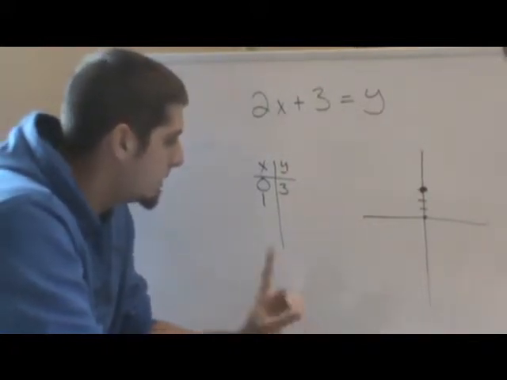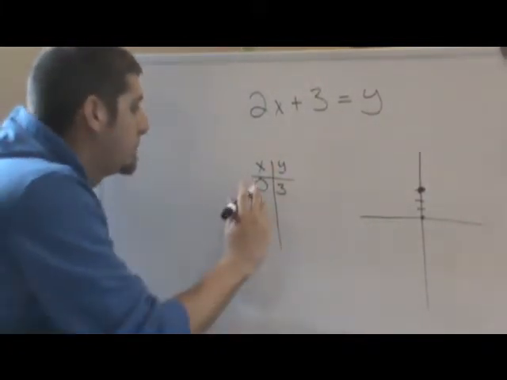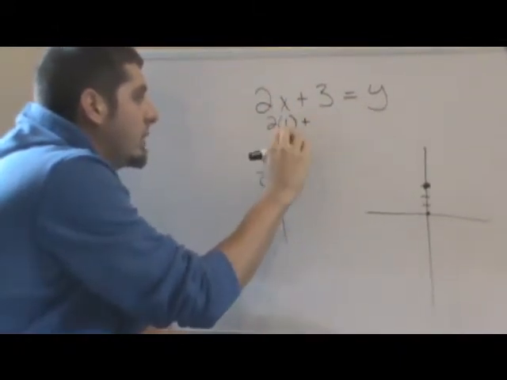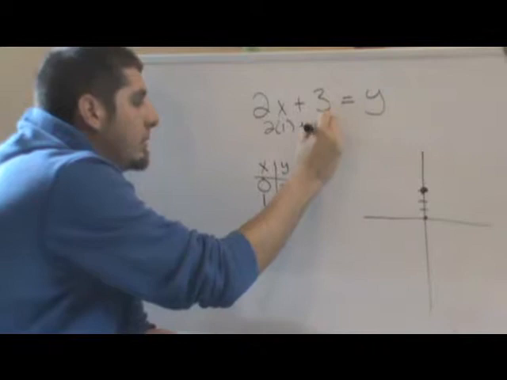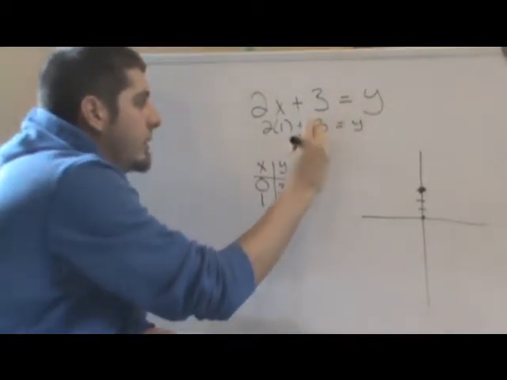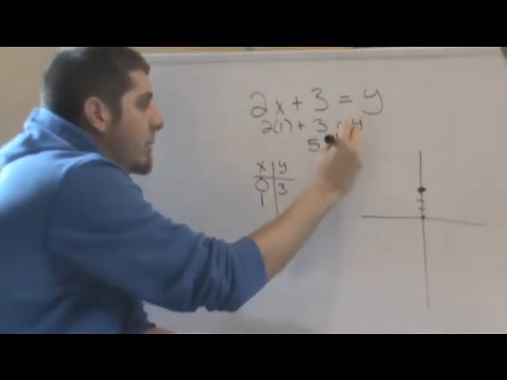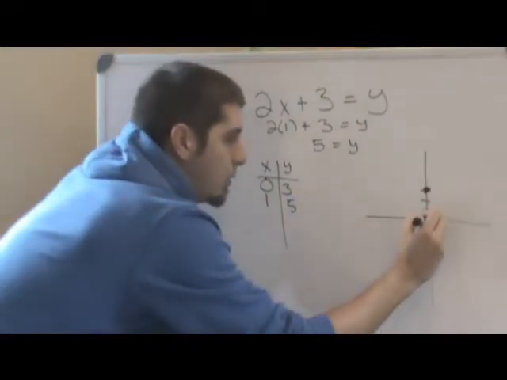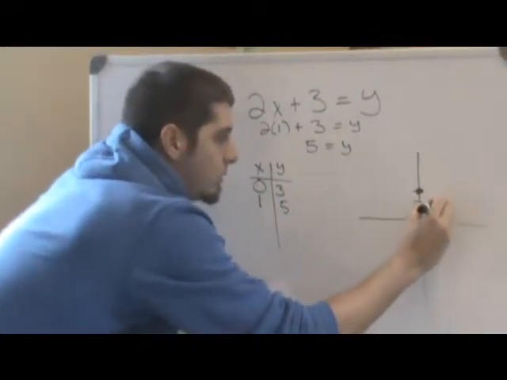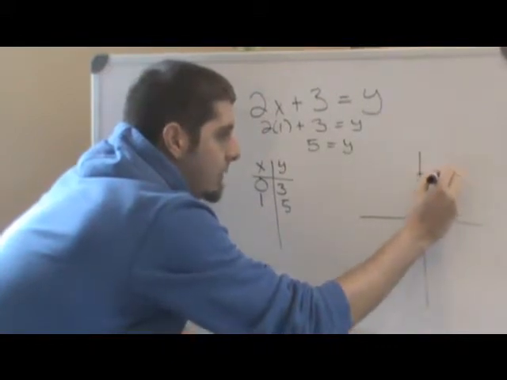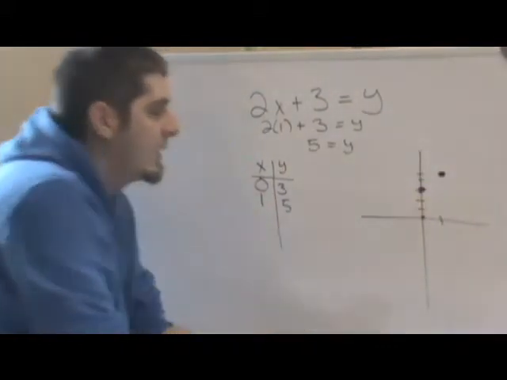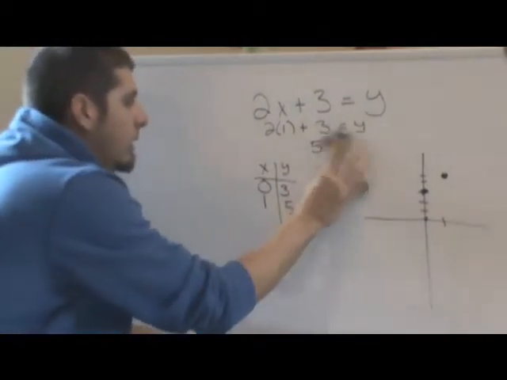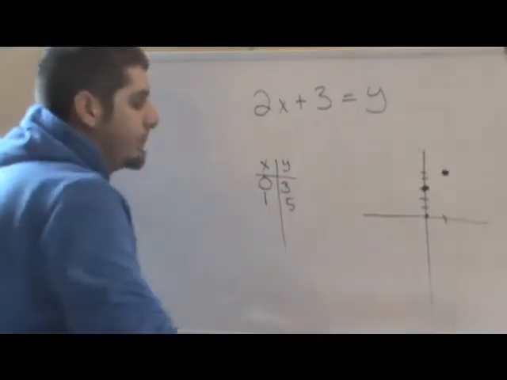All it takes to make a line is 2 points. So if I plug in a 1, I have 2 times 1 is 2, plus 3 is 5. So when I plug in 1, I get an answer of 5. So I'm going to go over 1, up 1, 2, 3, 4, 5. There's my second point. And now I can create the line that this equation represents by connecting those 2 points.